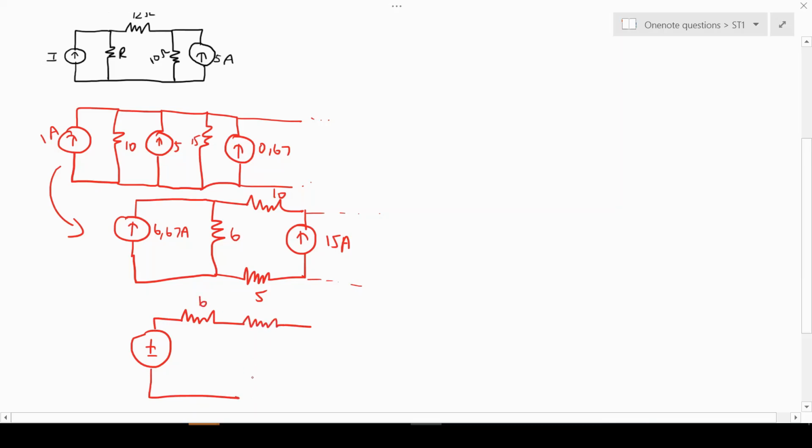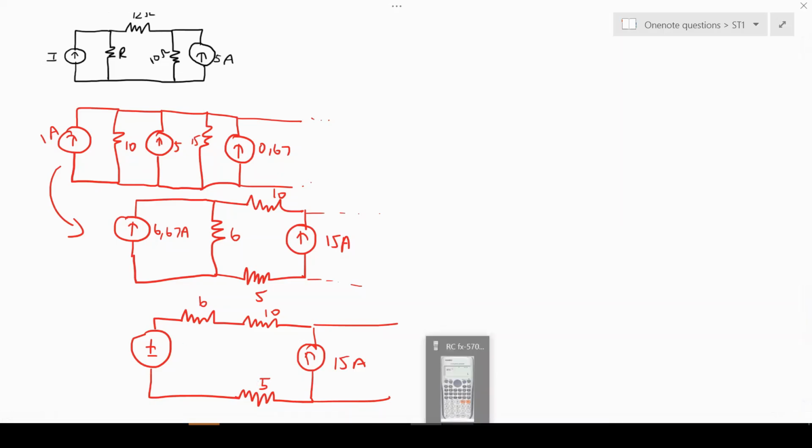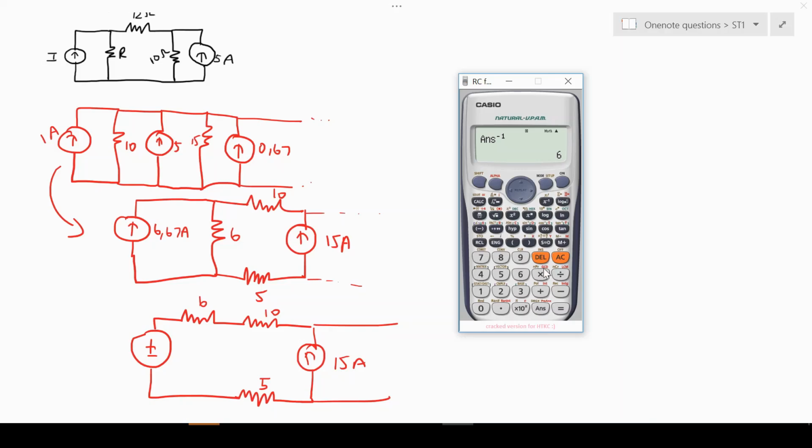That will be connected with the 10 and with the 5, and the current source of 15, and that's 10, that's 5, and that's 6, and the value of the voltage source should be the 6.67 times 6.